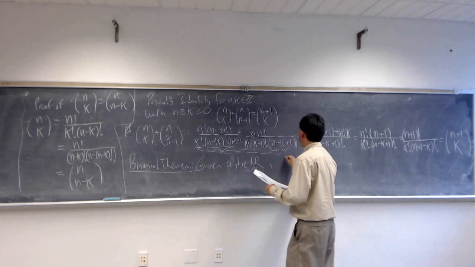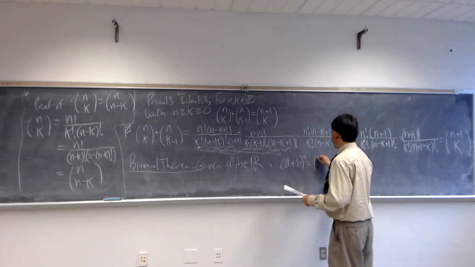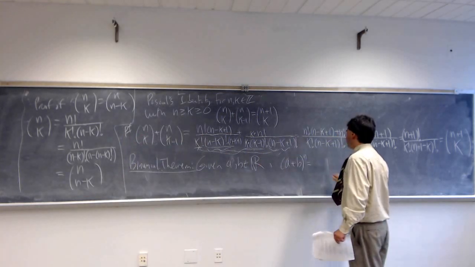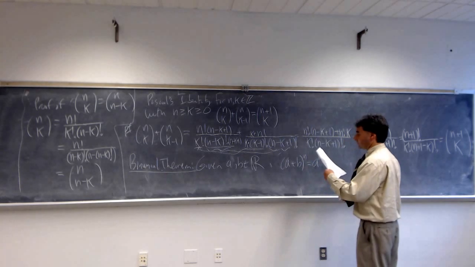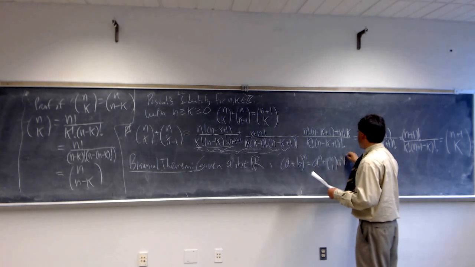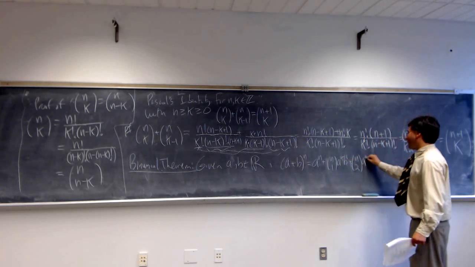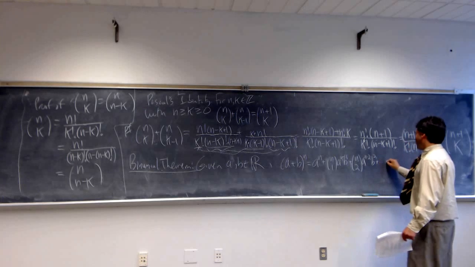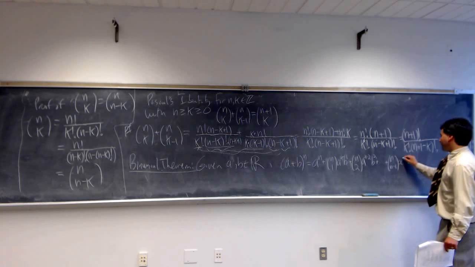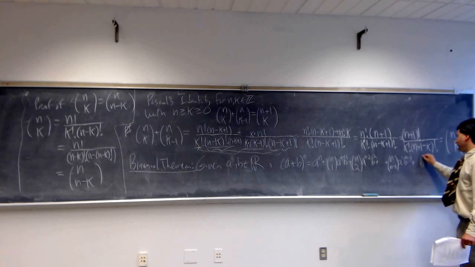Given two real numbers, a plus b to the n is equal to a to the n plus n choose 1, a to the n minus 1, b to the 1, plus n choose 2, a to the n minus 2, b to the 2, all the way up to n times a to the 1, b to the n minus 1, and then finally 1, b to the n.